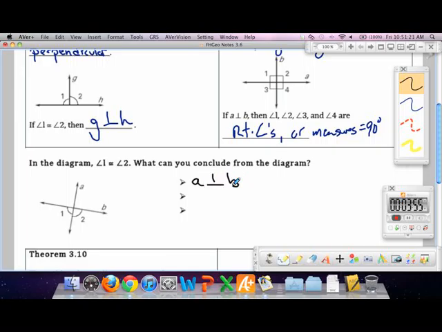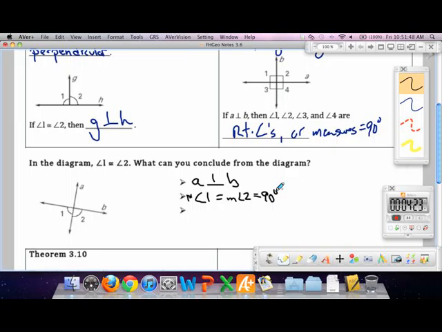If they intersect and form a congruent linear pair, then they have to be parallel, or, sorry, perpendicular. The measure of angle 1 equals the measure of angle 2, which is 90 degrees. Something else you could definitely conclude. And what is something else we definitely know?